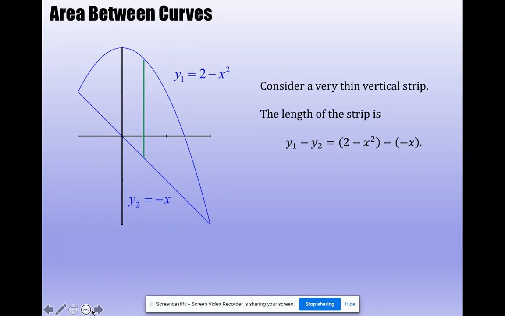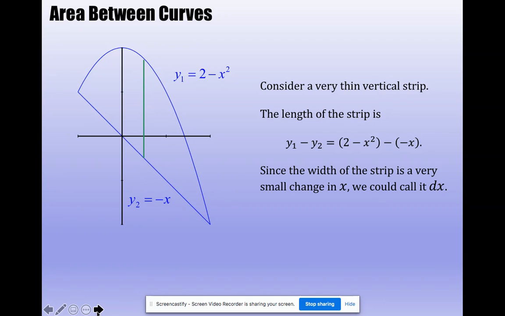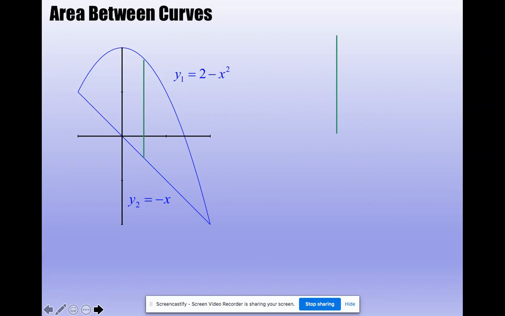Well, that strip also has a width now, doesn't it? So while I said this strip was at x equals 1, it actually has a little bit of width, right? So maybe it's 0.9 to 1.1, actually. That width we call dx, which is a small change in x. So what is the area of that strip?